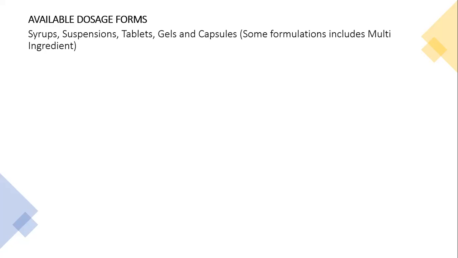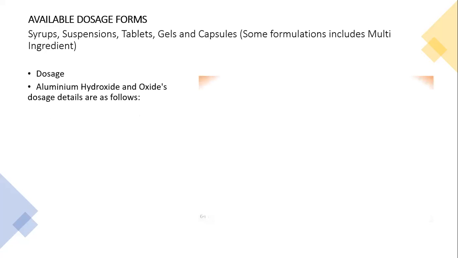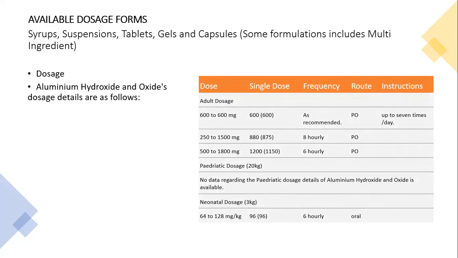Usually aluminum hydroxide is prepared in combination with other ingredients or other hydroxides such as magnesium hydroxide. The dosage for aluminum hydroxide is 600 milligram for adults, as per the recommendation of the physician, and that can be up to 7 times per day.